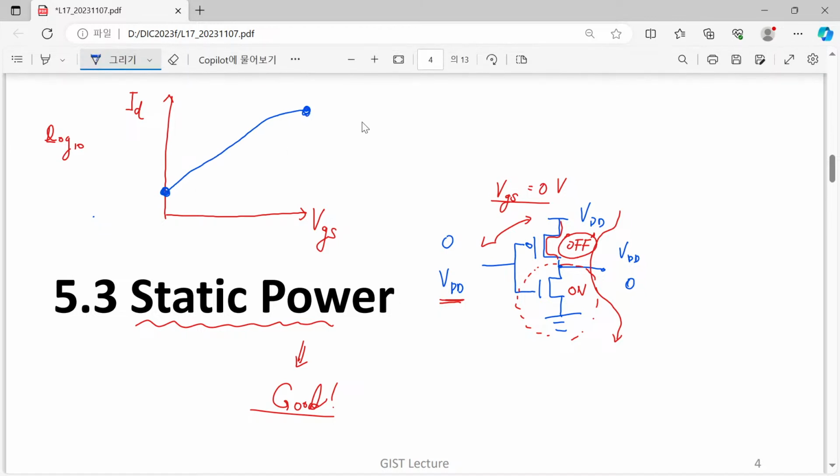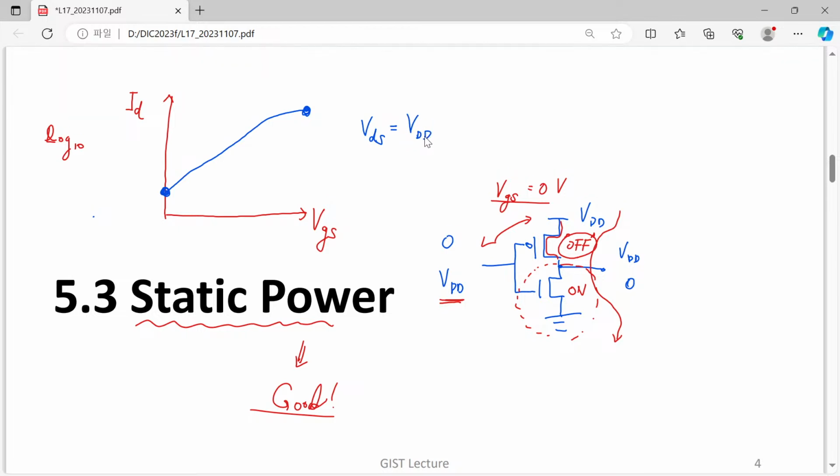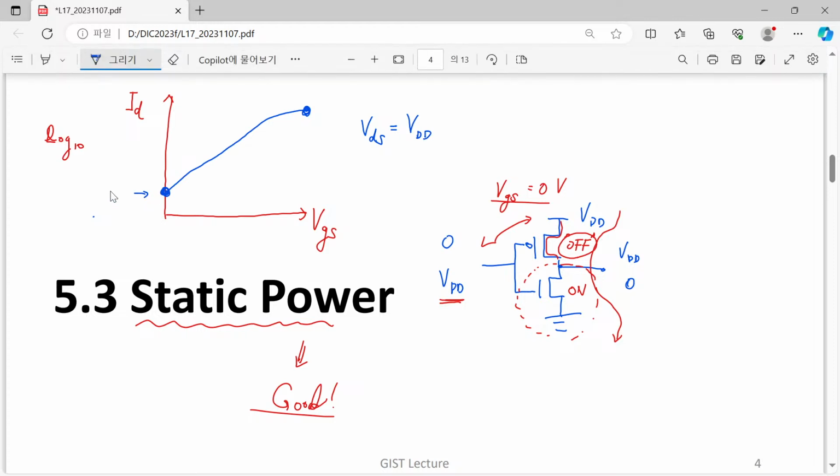Of course our VDS is equal to VDD in this case. We have driven our drain terminal with quite a high voltage, and here we have a certain current called I off, the off current.